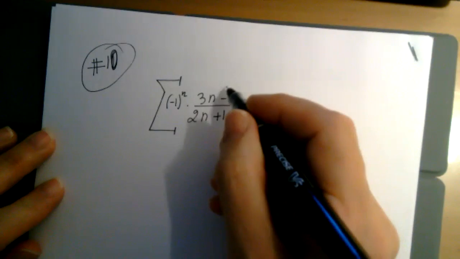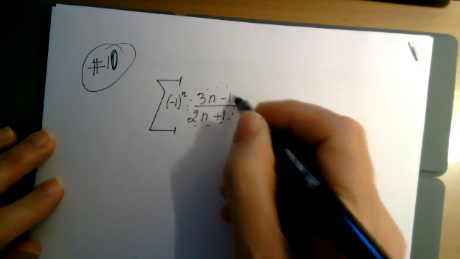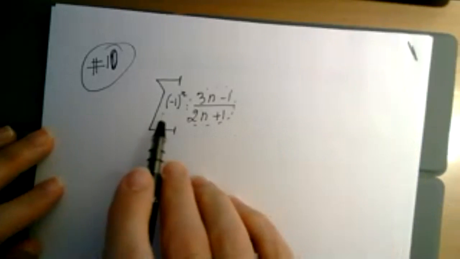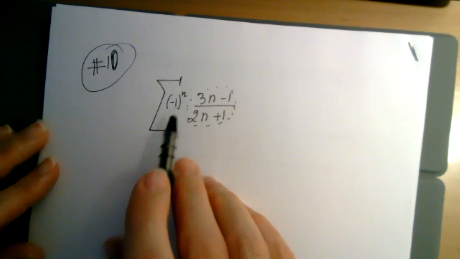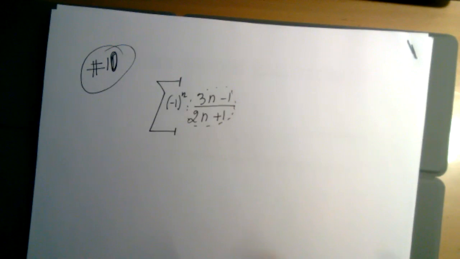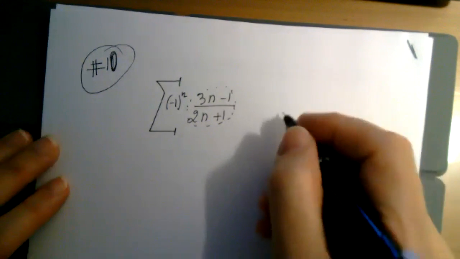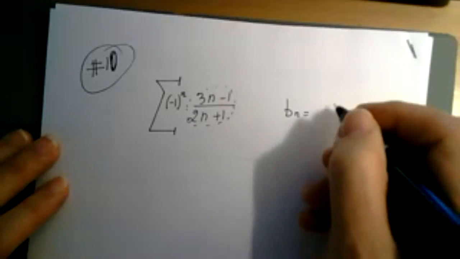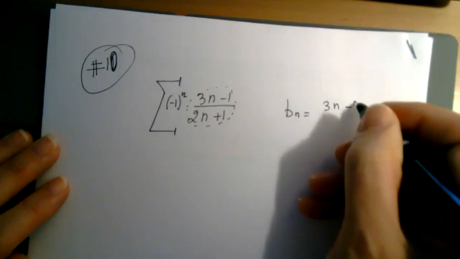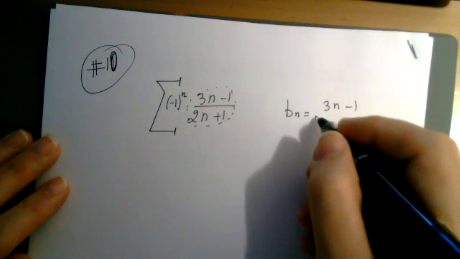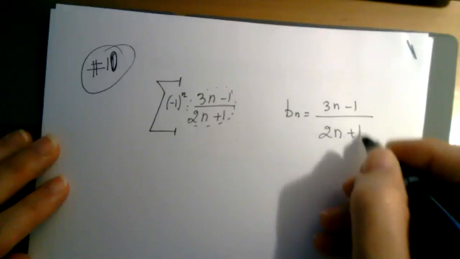Minus 1 to the n is going to alternate them as far as sign is concerned. So in this scenario, my bn is 3n minus 1 over 2n plus 1.